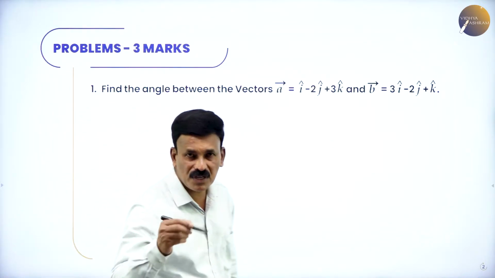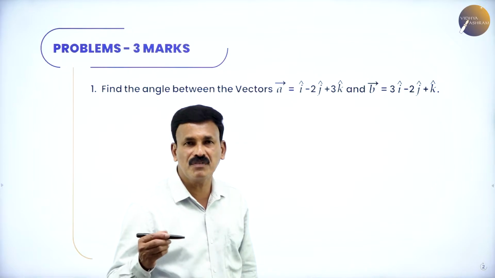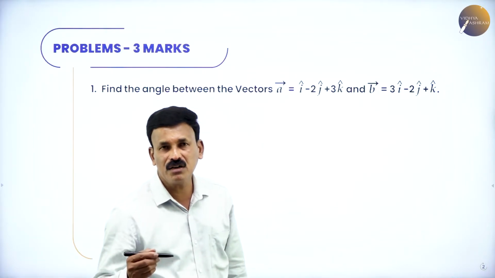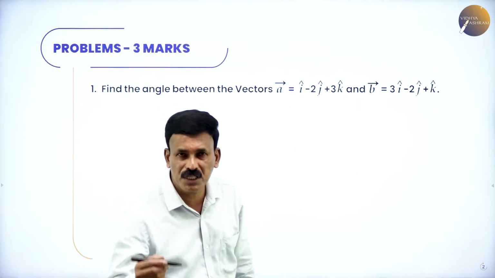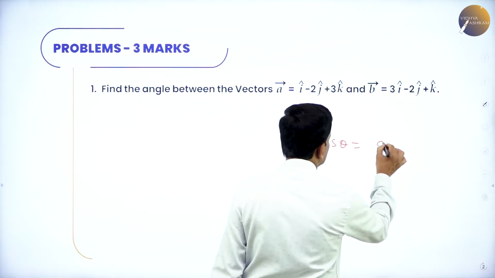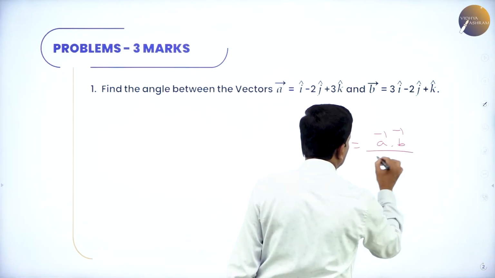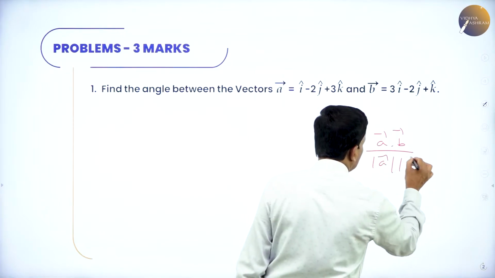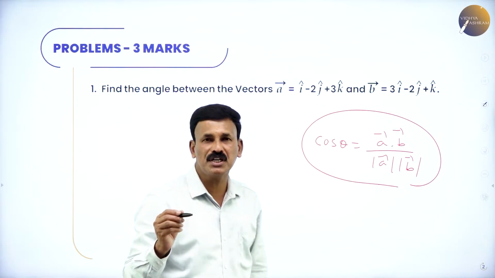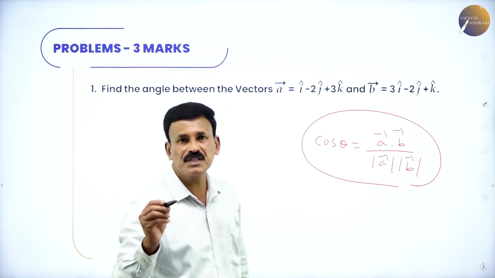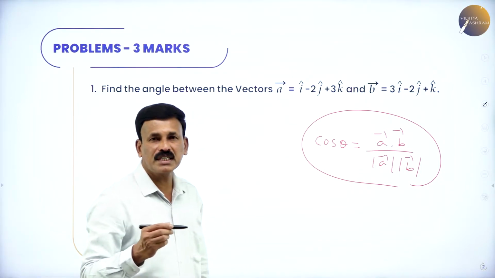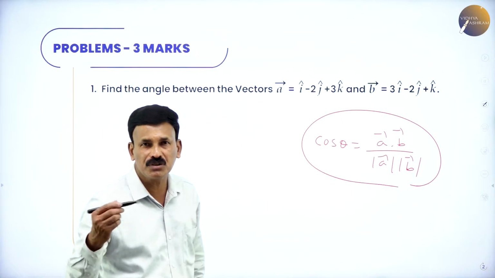In the previous class, we have studied that if A and B are any two vectors, then the angle of intersection between the vectors A and B is given by cos theta is equal to vector A dot B divided by length of A into length of B.